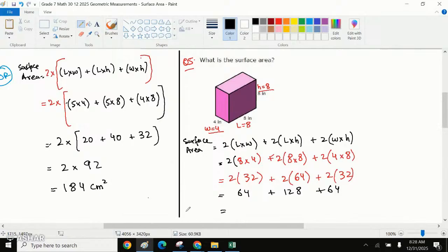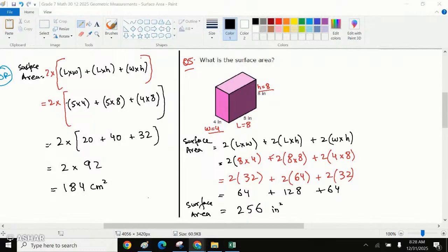When we add them together, can you help me out? What is the total? Yes, that would be 256 inches squared. Very good. We should never forget to write the square.